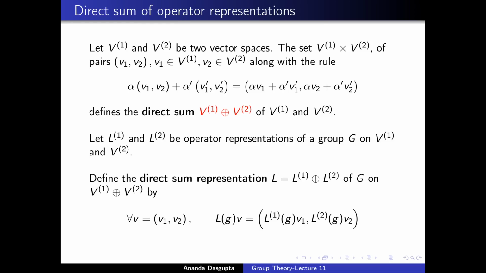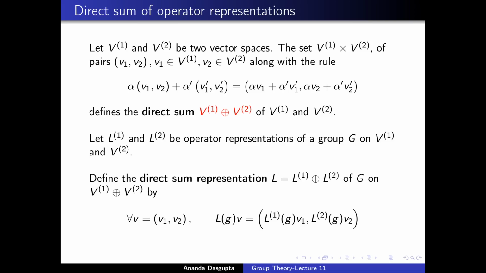This then is the direct sum of two representations in the language of operator representations, that is, linear transformation based representations. What exactly is the connection between this and the matrix representation language version of the direct sum? In particular, what is the connection between this and the block diagonal structure that we saw matrix representations would have? The answer lies, of course, in choosing a basis in the direct sum vector space.